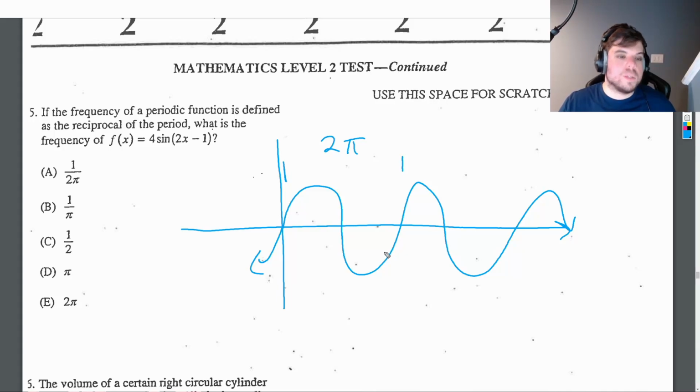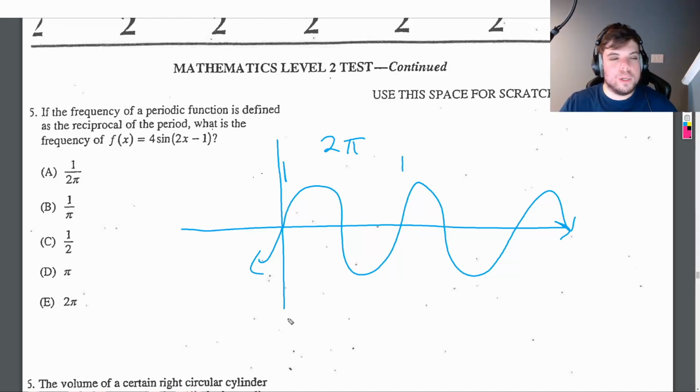Okay, so 2x minus 1, that's not a regular sine wave. Well, it is a sine wave, but it's not an extremely standard sine wave. So the minus 1 is not going to matter. You think about what you plug into sine. You plug in degree measures or radian measures.